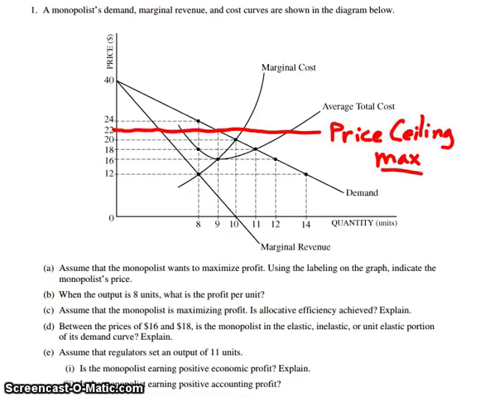Well, every unit will be sold for the legally imposed price, regardless whether it's the first, the 1,000th, or the 8th. And so all of them, in this case, are going to receive that price of $22, and therefore the marginal revenue would also be $22.